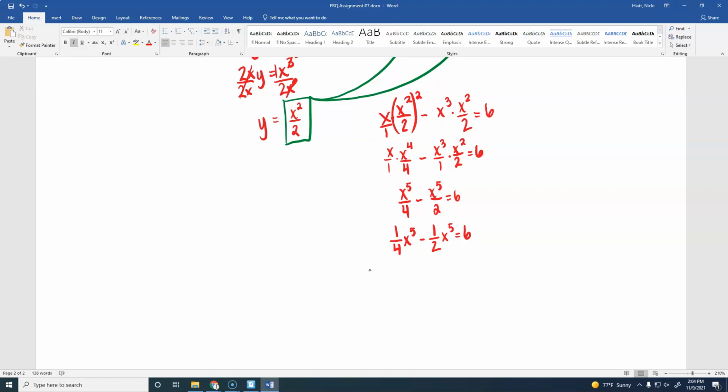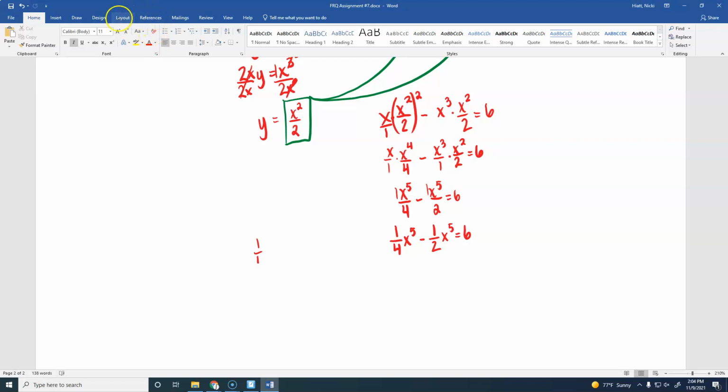Yeah, because we got a 1 right here, so we could just multiply it over to the side, because it's like multiplying by x to the 5th over 1. And so if I'm doing 1/4 minus 1/2, what am I going to get? Common denominator, so 1/4. You're right, it's negative 1/4.